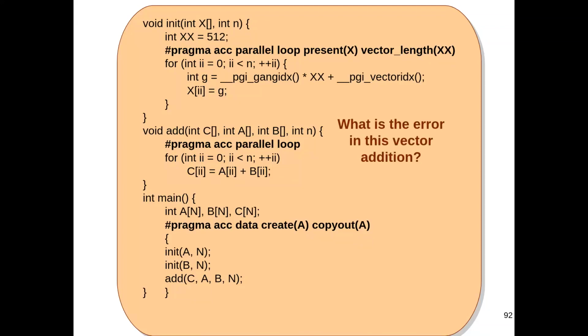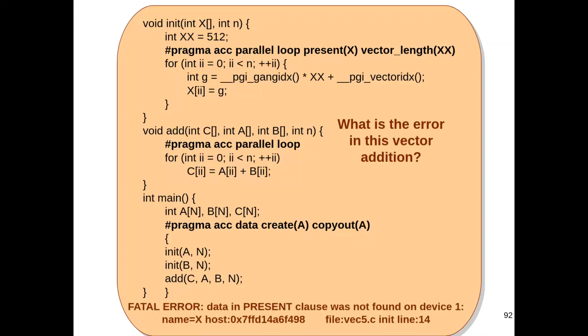Yeah, so that is what I was asking. So the error that gets seen, interestingly, those parts are there which we can add to the appropriate clauses. But because of this, there is some issue. The issue that happens is that now when we are creating A and copying out A, these are anyway wrong.